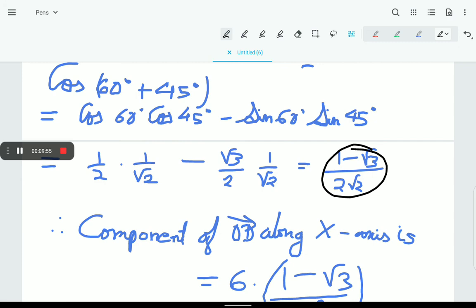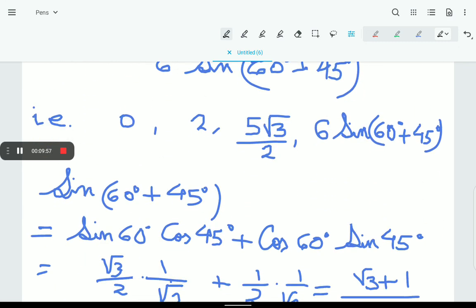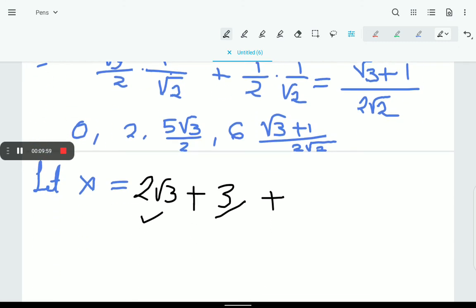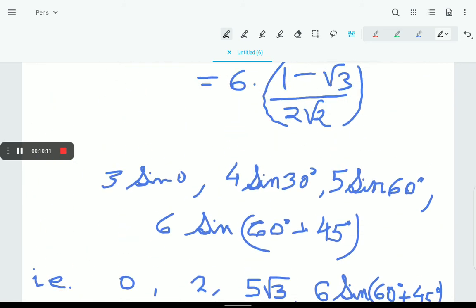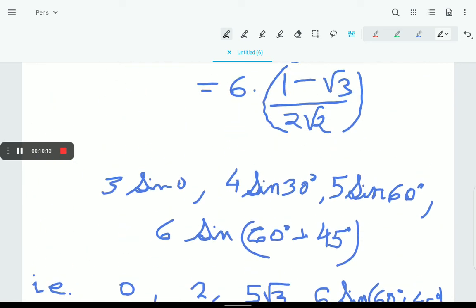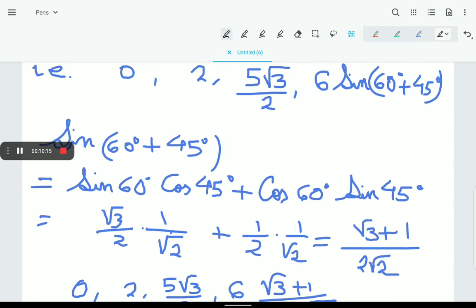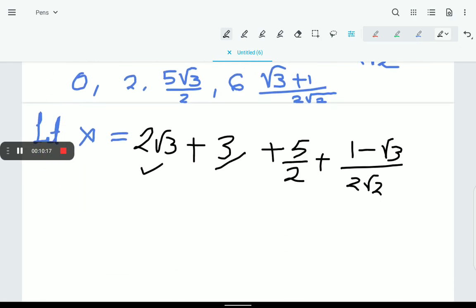Third one is 5 by 2. And lastly, 1 minus root 3 divided by 2 root 2, into 6.